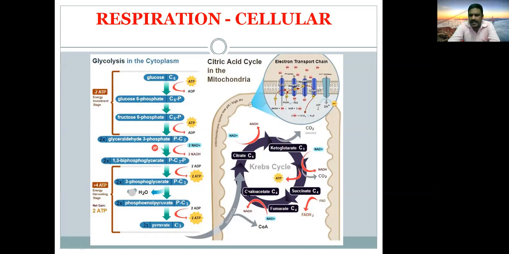These NADH and FADH2s are storing that energy, but this energy is not utilized by the body. The FADH2 energy and the NADH energy has to be converted into ATPs. Converting FADH2 and NADH energy will be done in the next 2 stages.